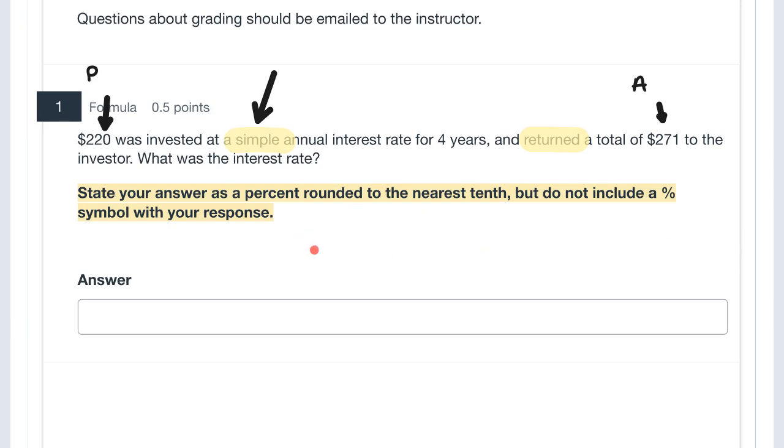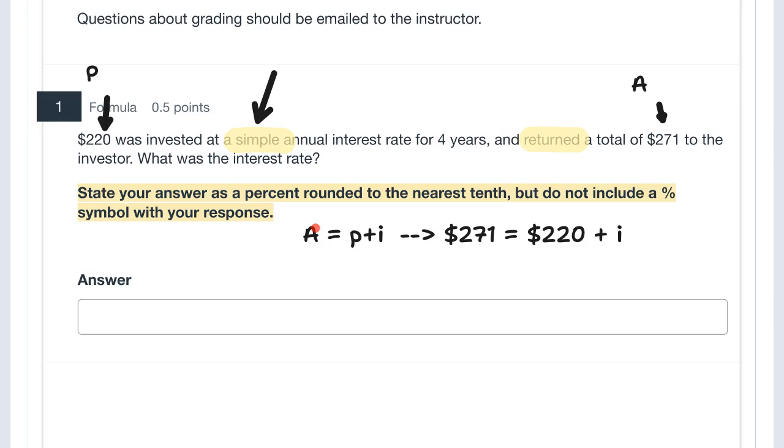And we note that the future value A is the principal plus the interest. So in this case here, the future value A of 271 is equal to the 220 plus the interest.